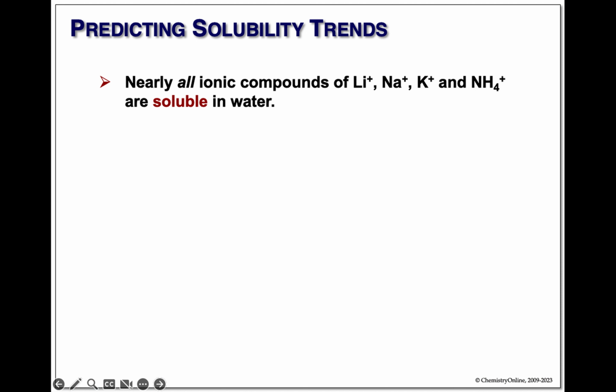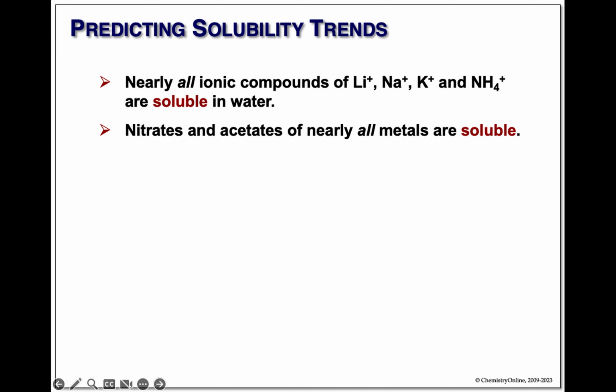If you have a group 1 metal or ammonium and you make a product, it will be soluble in water. Group 1 metals and ammonium, always soluble. Rule 2. If your anion is a nitrate or an acetate, doesn't matter what the cation is, it'll be soluble. So far, they're very simple.